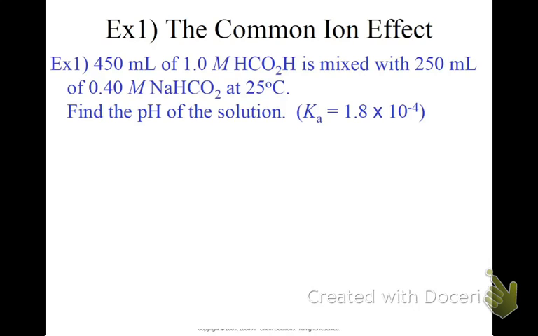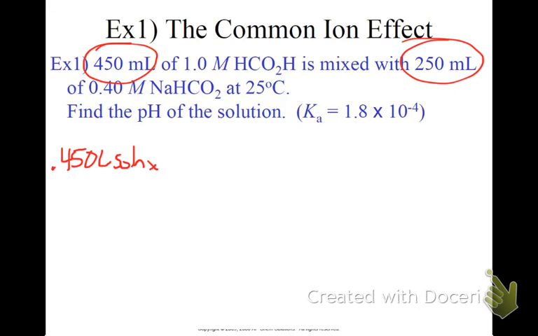So if we take a look here, we're combining 450 milliliters with 250 milliliters. Before anything reacts, we're automatically going to be diluting both of these solutions. So let's take a look then at the 0.45 liters of the solution. In that solution there is 1 mole of the HCO2H for every 1 liter. And that's going to give us the moles of the solution.